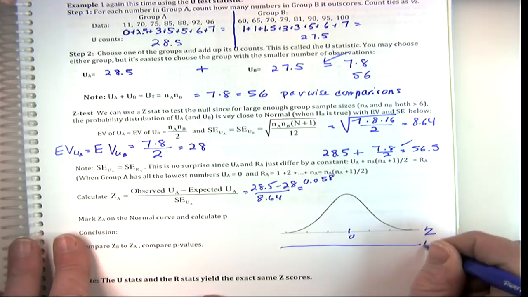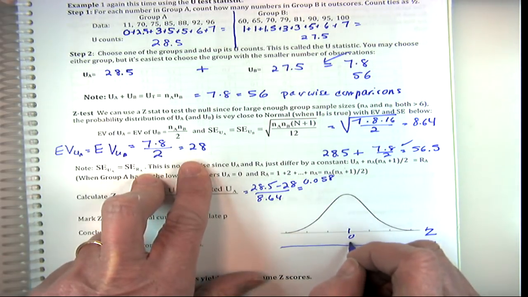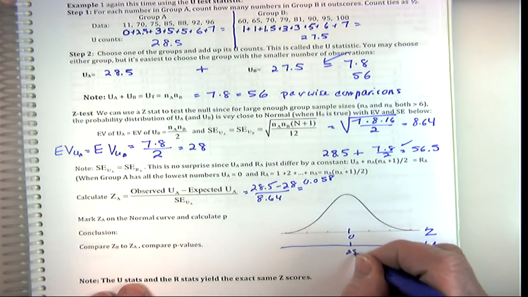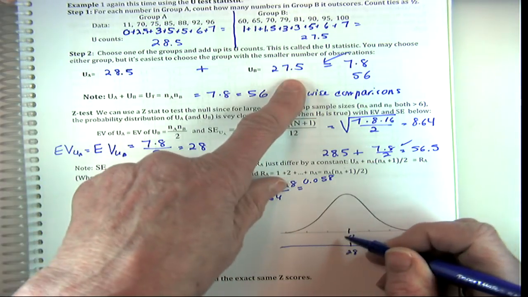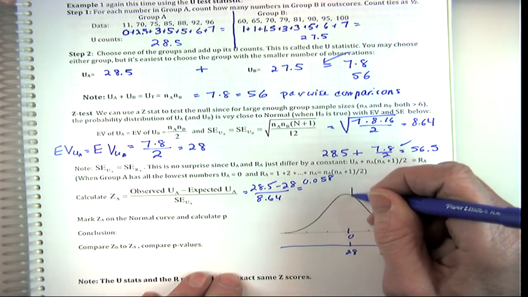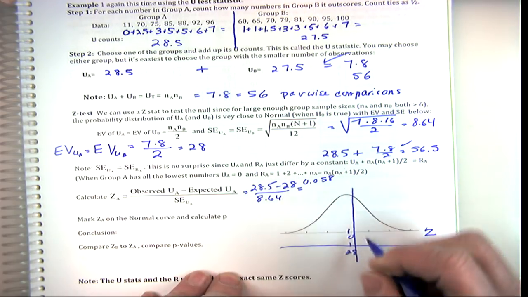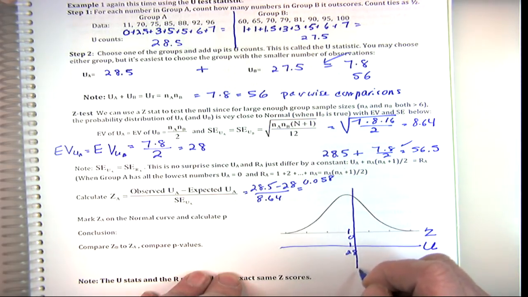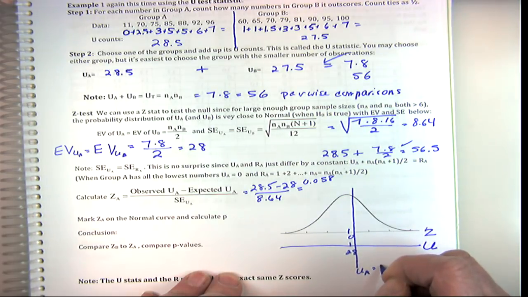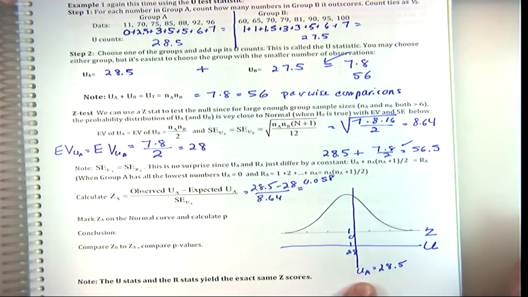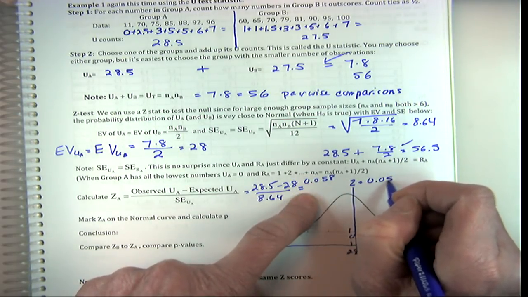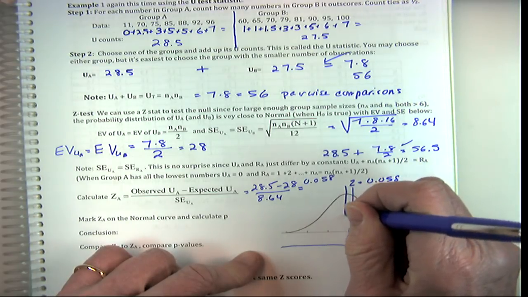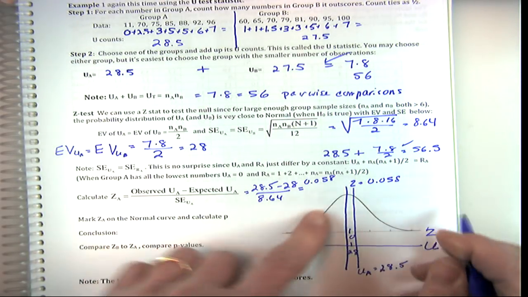And now the U's have the same expected value, so we can mark both of them as 28 here. And here we either got 0.5 above or 0.5 below. So right here, this is UA equal to 28.5, right? That's UA. And as a z-score, it's going to be equal to 0.058. And here, what do you think we'll get?